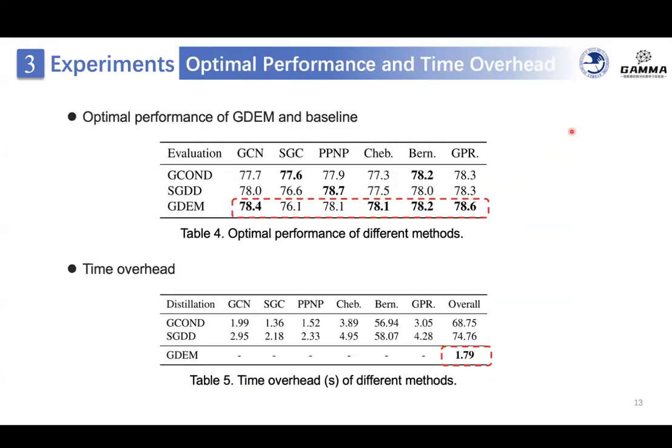And then we also compare the optimal performance of GDEM against the baselines. For GCond and SGDD, we traverse 6 distillation models. We select the optimal performance for every evaluation model. And because GDEM is model agnostic, it synthesizes only a single graph. Then we evaluate the synthetic graph on these different evaluation models.